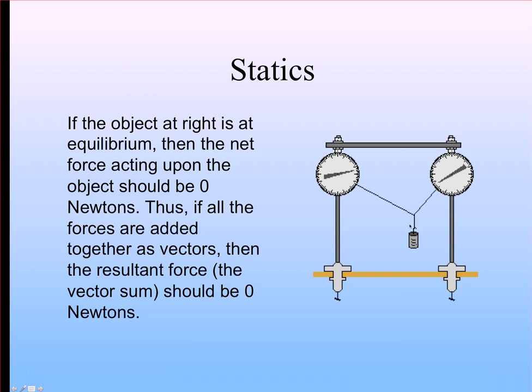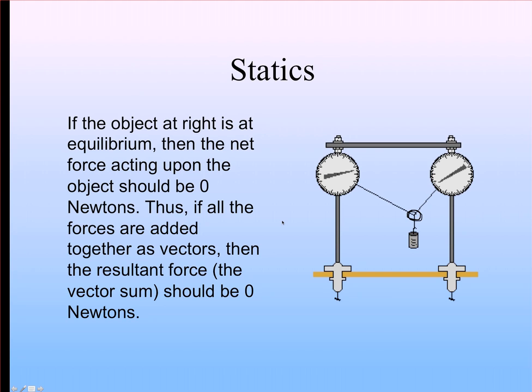This weight is hanging off of these two cables, and the tensiometers here and here are not moving because the tension in this cable and this cable are fixed. And so when we look at this situation over here and we examine the forces acting on the system, most useful would be to look at the forces acting on this object right here.